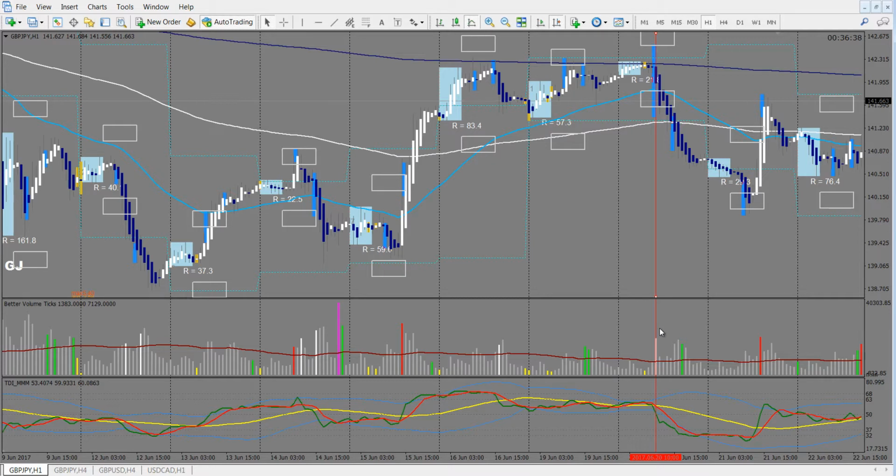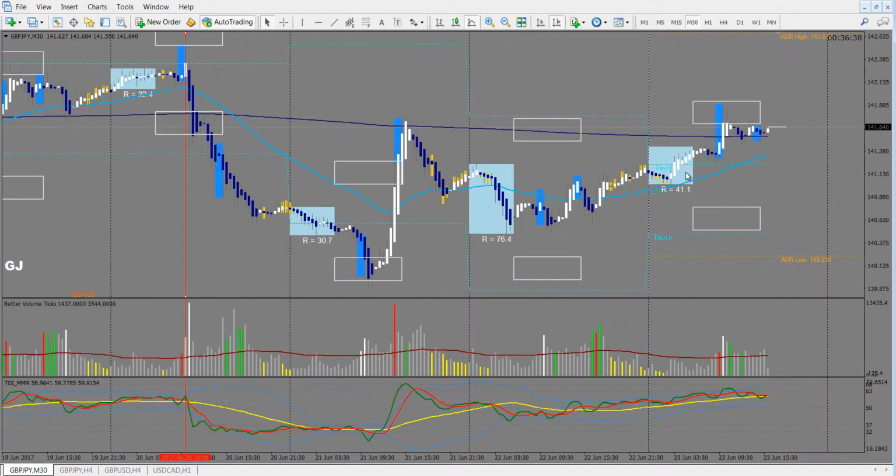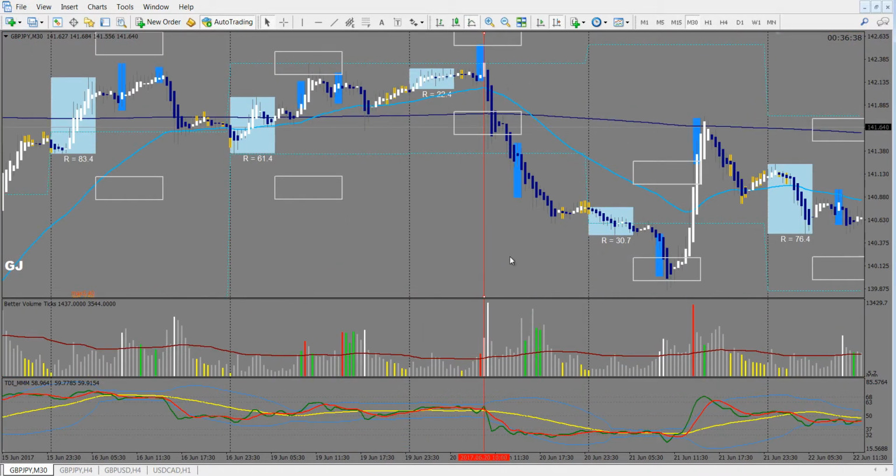It's colored white, and the white one is what they call the bearish volume, and the red one is the bullish volume. All it means is this bar closed below 50%, and bullish volume just means the bar closed above 50% of its range.